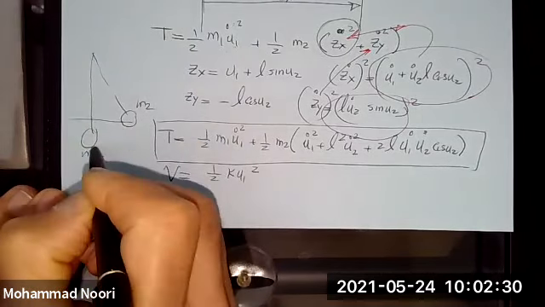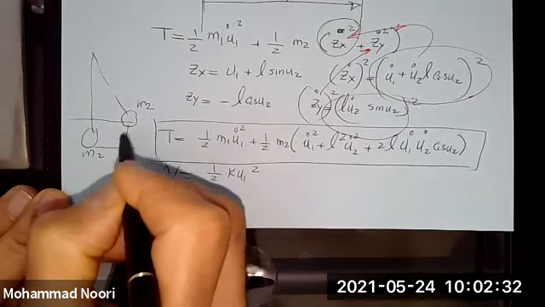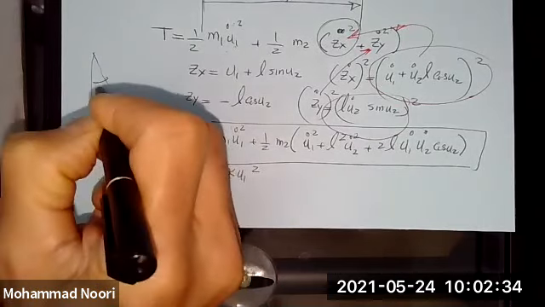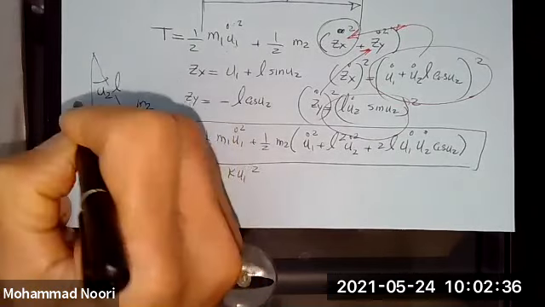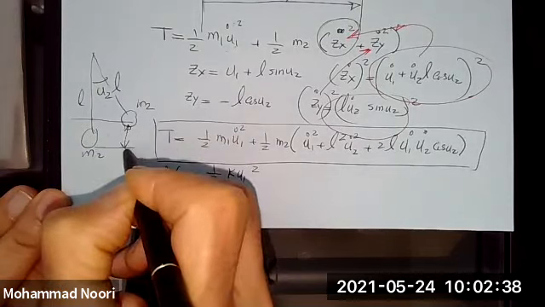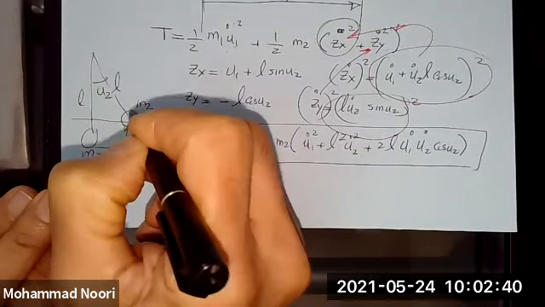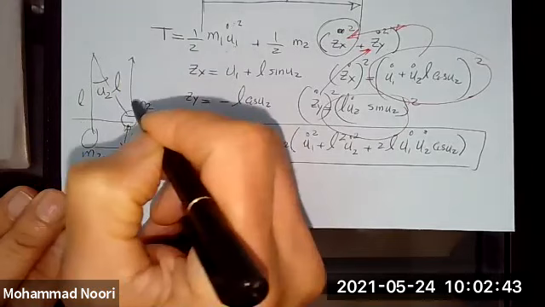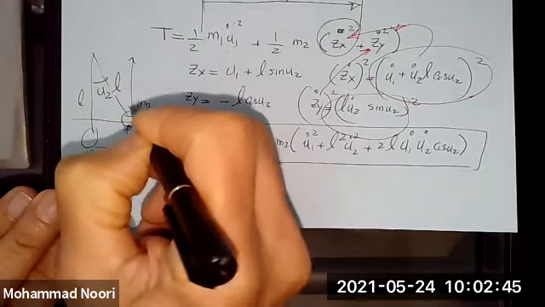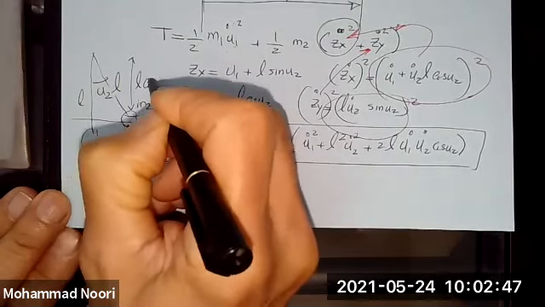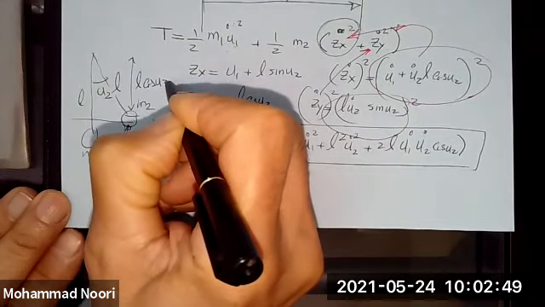So the distance traveled, this is U2, this is L, this one was L cosine U2.